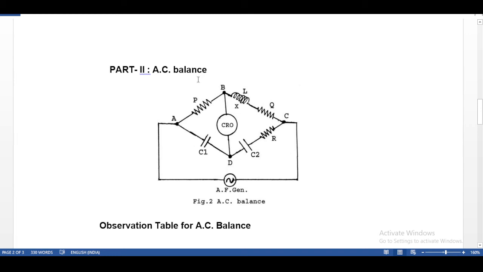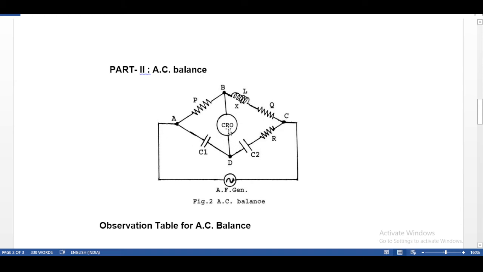Obviously, the DC source is replaced by an AC source here, that is the audio frequency generator, and the null detector. In the first case it was the table galvanometer, and it is now replaced by a CRO.